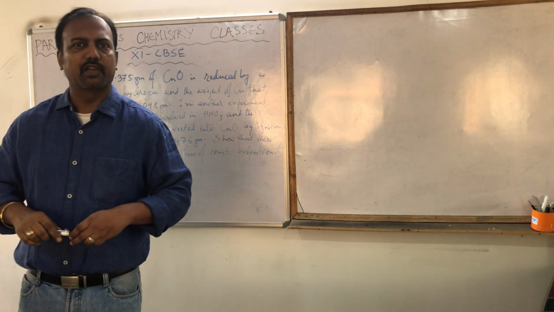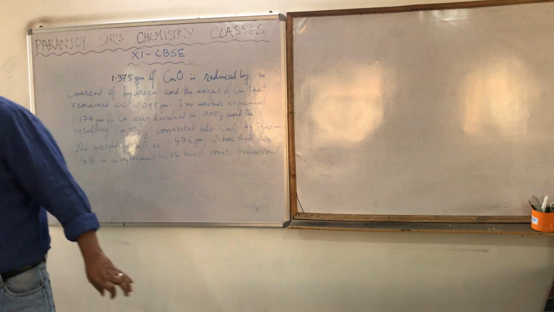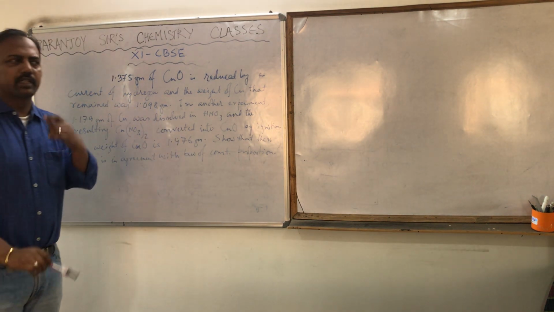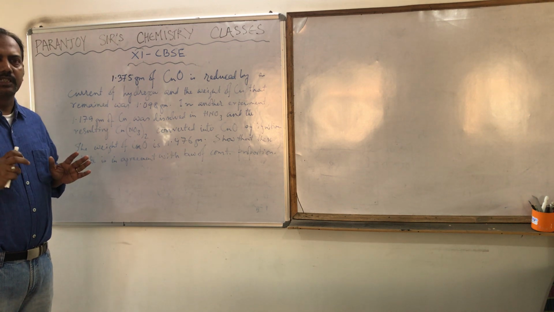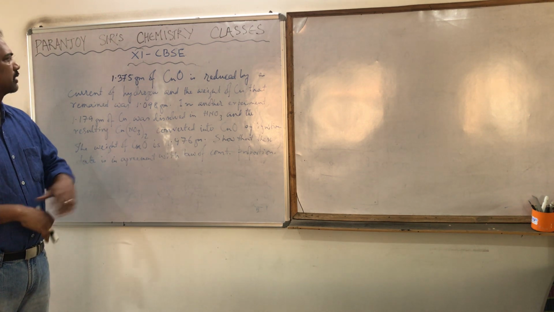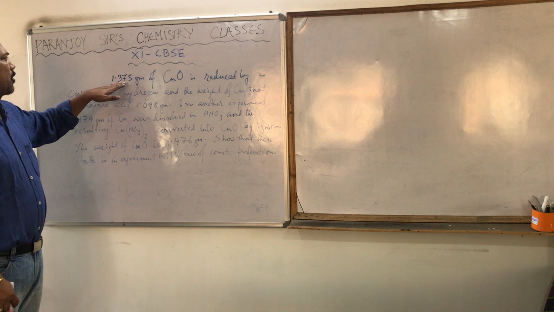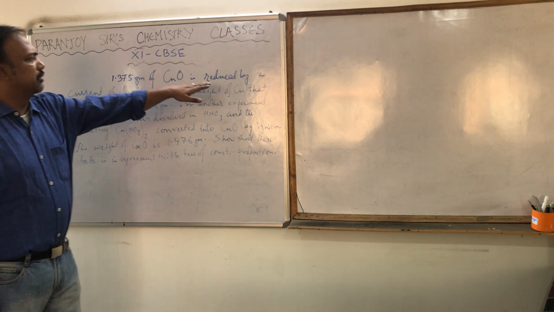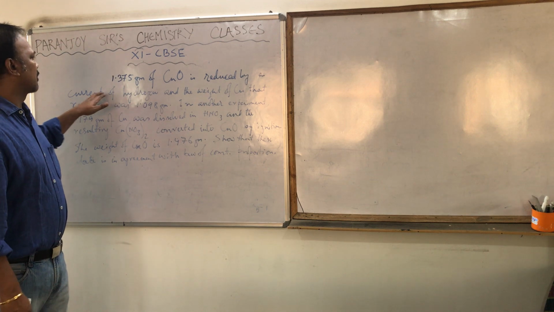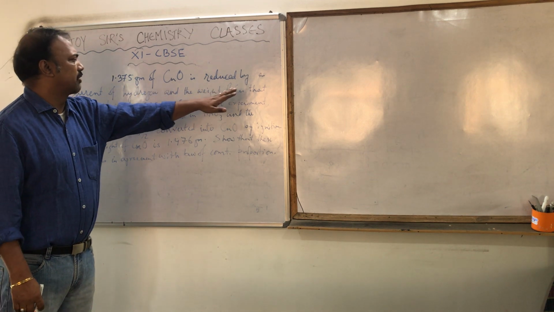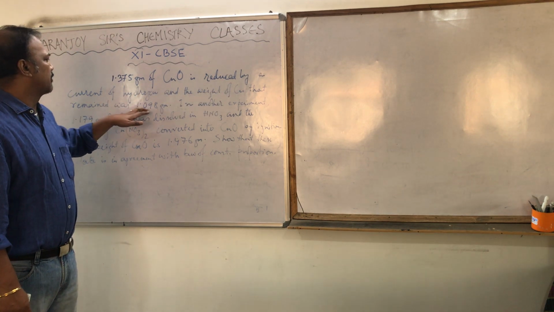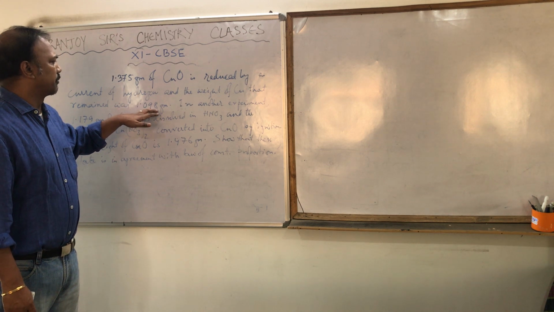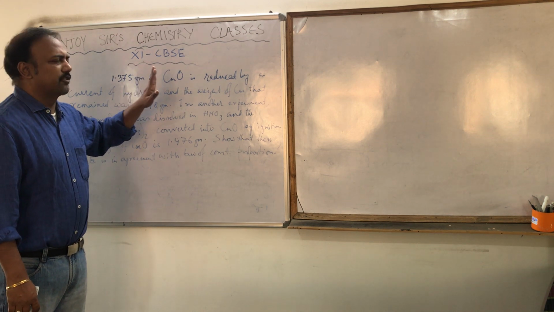Again, the same thing while solving numericals. I told you that first you read the question nicely and understand it, then we proceed. 1.375 gram of CuO is reduced by a current of hydrogen and the weight of copper that remained was 1.098 gram. That's the first thing.